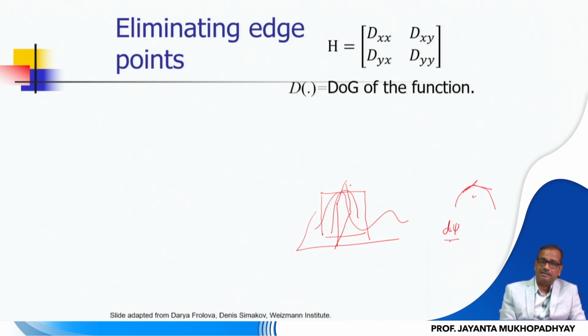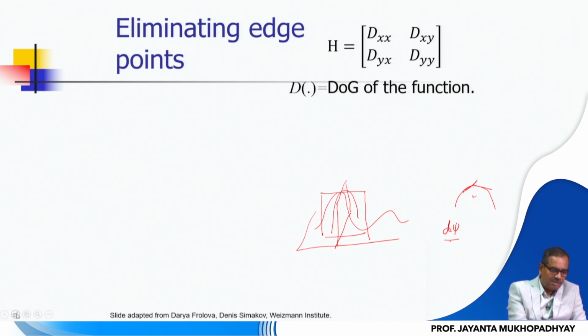So what we want, as I mentioned, is not an edge point but a corner point. There we want both the curvatures to be significantly high, which means the minimum curvature should be strong. Again, that eigenvalue analysis, those things we do, but instead of eigenvalues, similar considerations of the determinant of this matrix H and also the trace of H can be used to get this kind of measure.